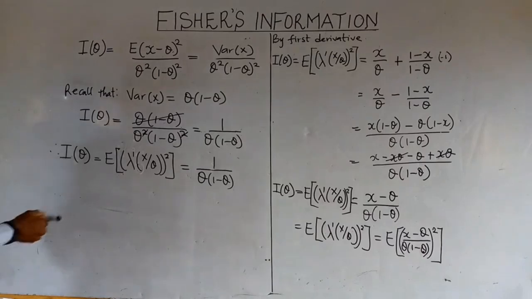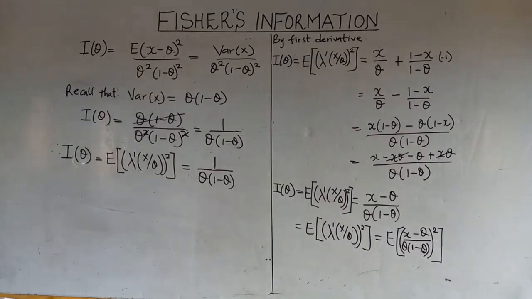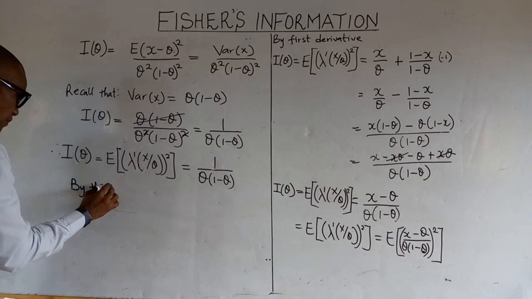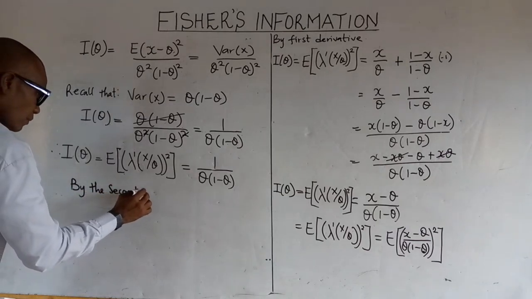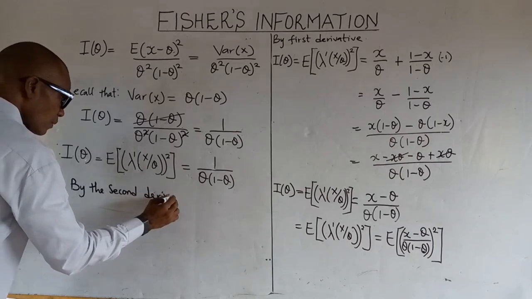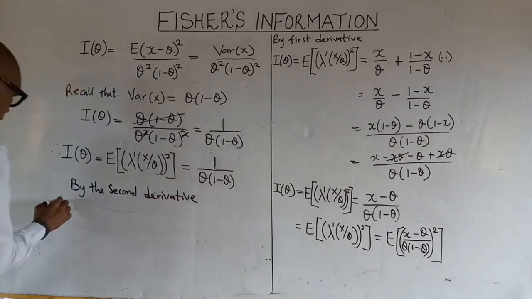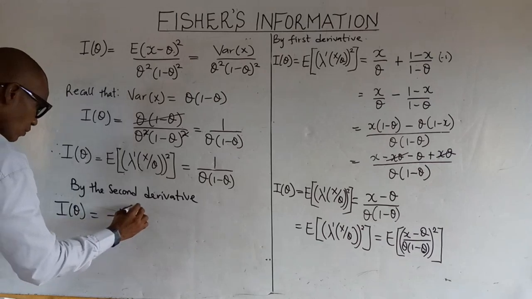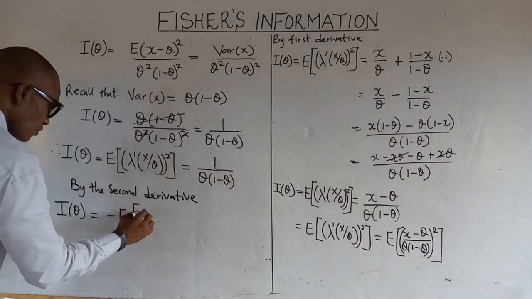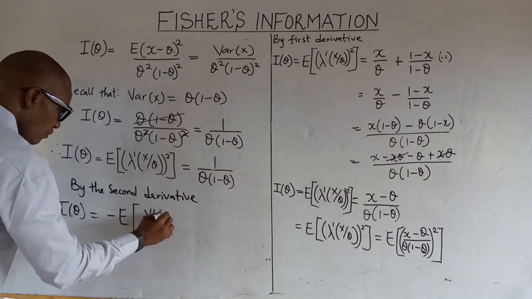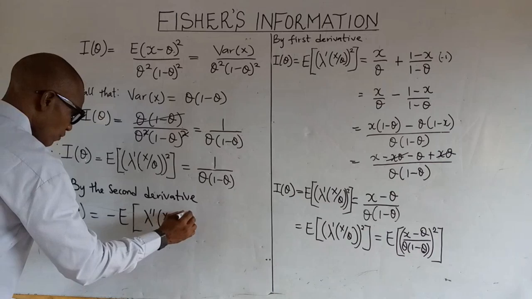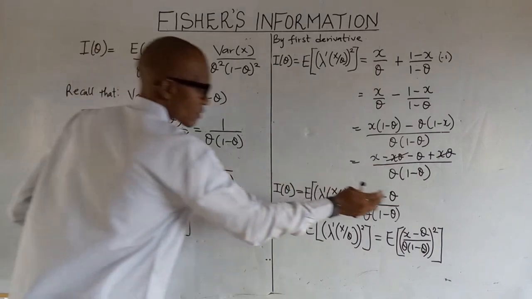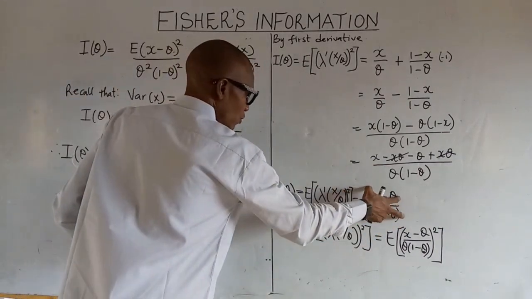For the first derivative, then, by the second derivative, the Fisher's information is equal to the negative expectation of the second differential. So what are we differentiating? We are differentiating this function.